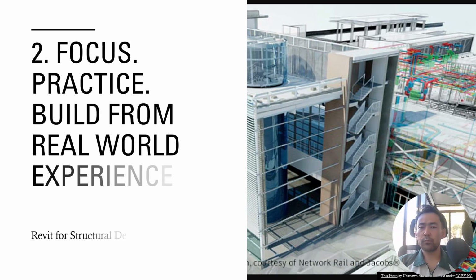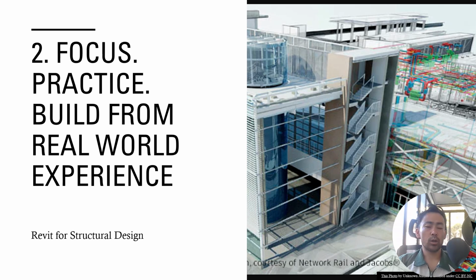Another useful tip for the exam preparation is to focus on the exam objectives. Do not distract yourselves learning each function and everything in Revit. Try to practice according to the exam objectives and build the knowledge and the experience from real-world projects.